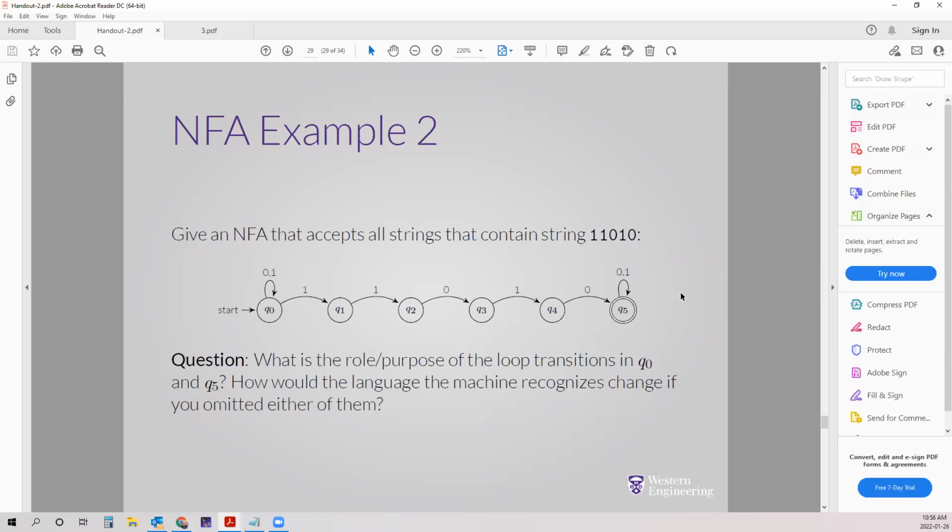How would the language the machine recognizes change if you omitted either of them? This is a question to be answered by a volunteer next class. Slide 29.